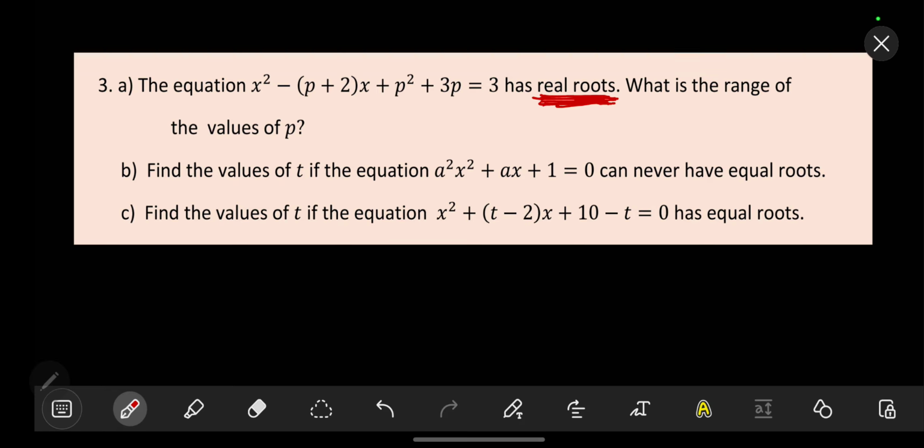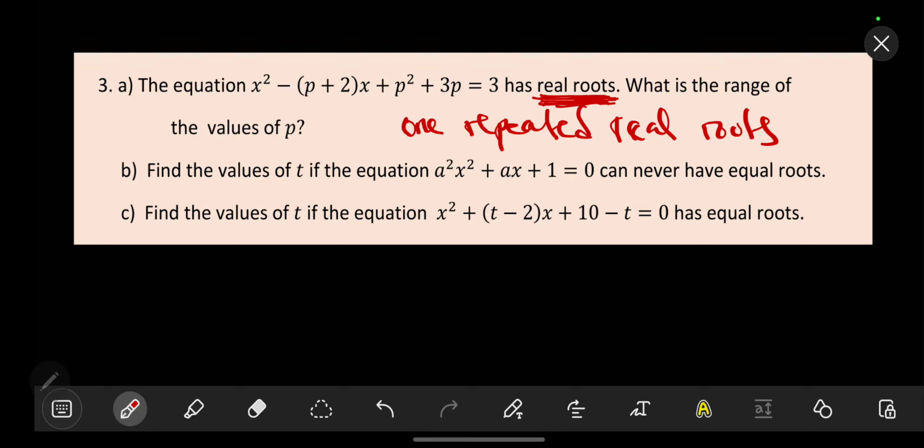So this could either be one repeated real root, or it could be two distinct roots, but we don't know.